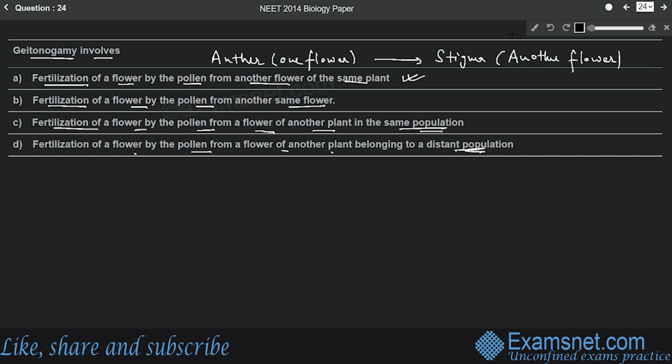Okay, so plant is same. Therefore, although there is cross pollination, there is genetic similarity in this case, because the plant is same. Therefore, option A will be the correct answer.